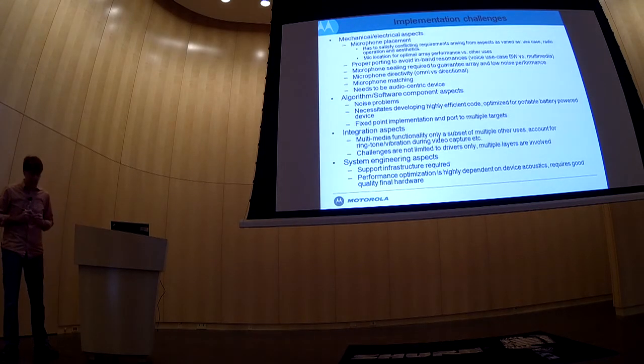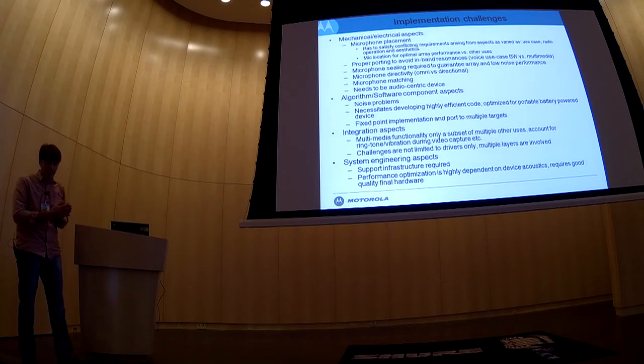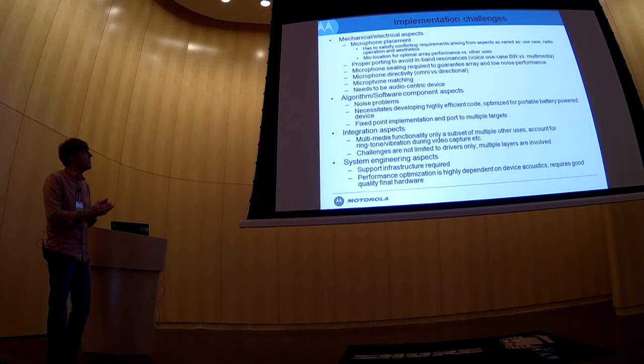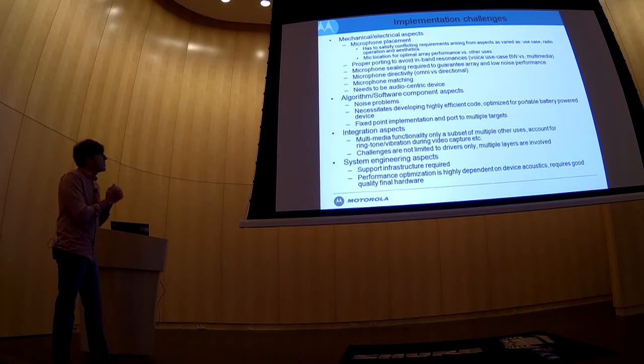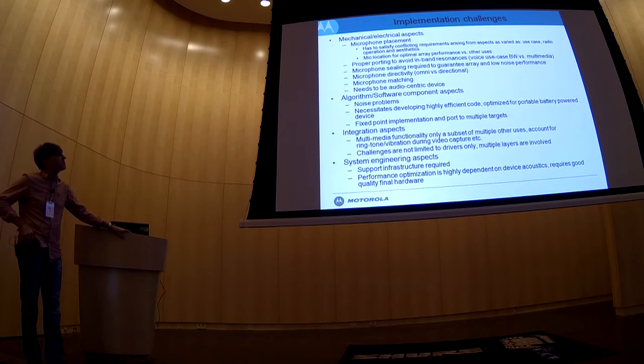And that brings me to the next slide, and that is implementation challenges. Well, as with everything else, challenges are plenty. When we started looking at this, microphone placement is, as we said, very important.